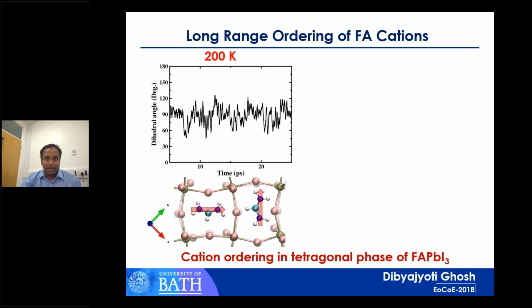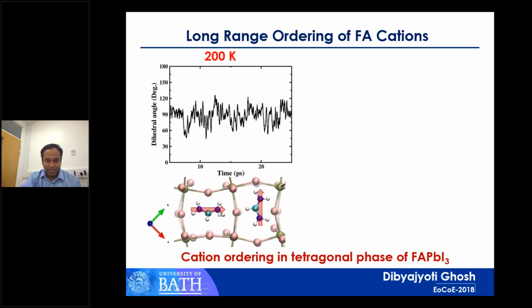We also tried to find whether there is long range ordering in the formamidiniums, and we found in the beta phase, that is the tetragonal phase, that two formamidinium cations can be at 90 degrees to each other. When we calculate the dihedral angle, as you can see, it fluctuates, but more or less it stays at 90 degrees.